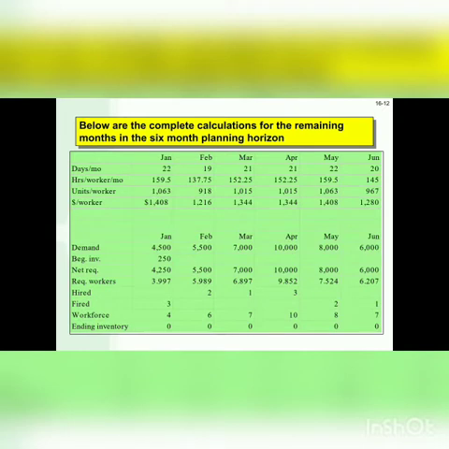So in 3 months you are hiring people, and in 3 months you are firing people. In the month of May you have to fire 2, and in June you have to fire 1.